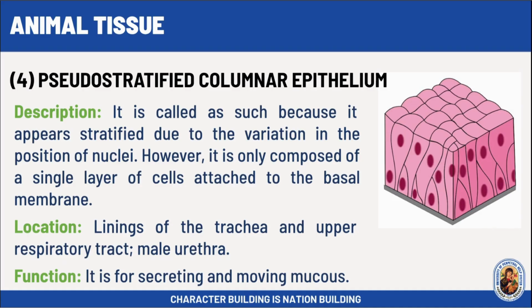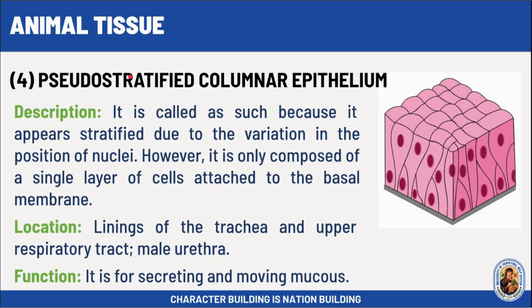Up next, we have the pseudostratified columnar epithelium. So why is it called the pseudostratified columnar epithelium? Let's break down the word first. Pseudostratified. Pseudo meaning pretending, and stratified meaning layered. So it's pretending to have two layers. It's called pseudostratified because it appears that it has two layers.